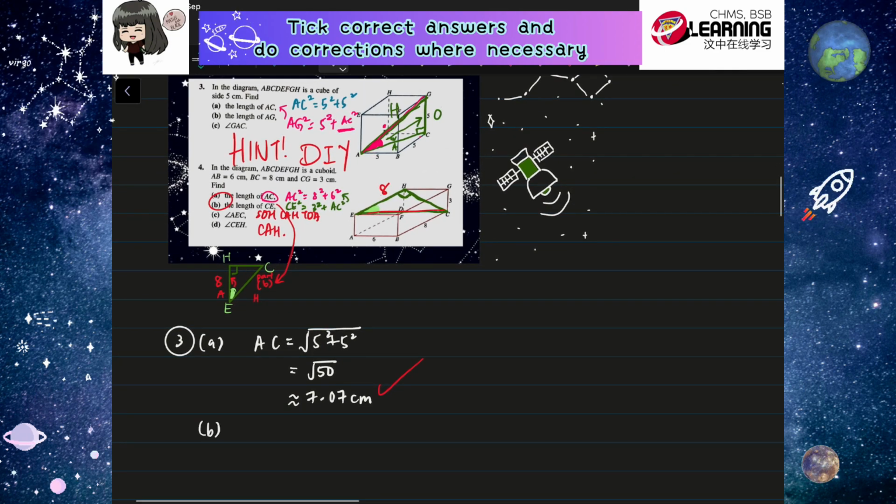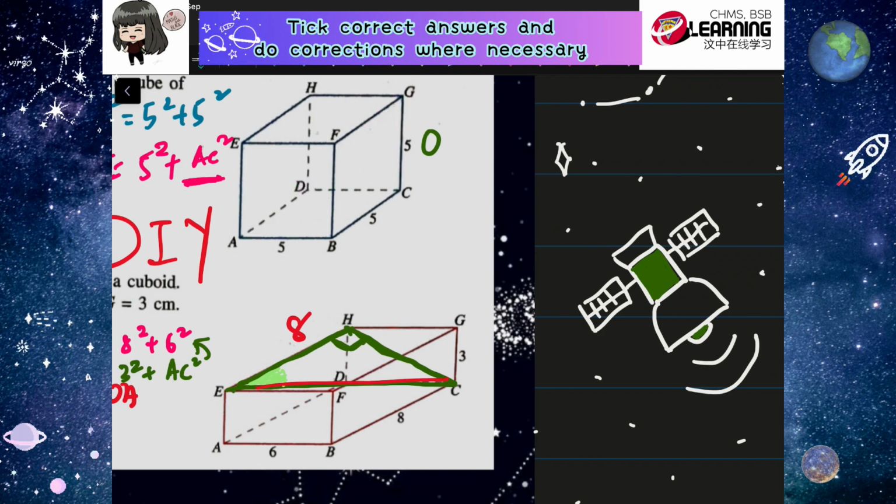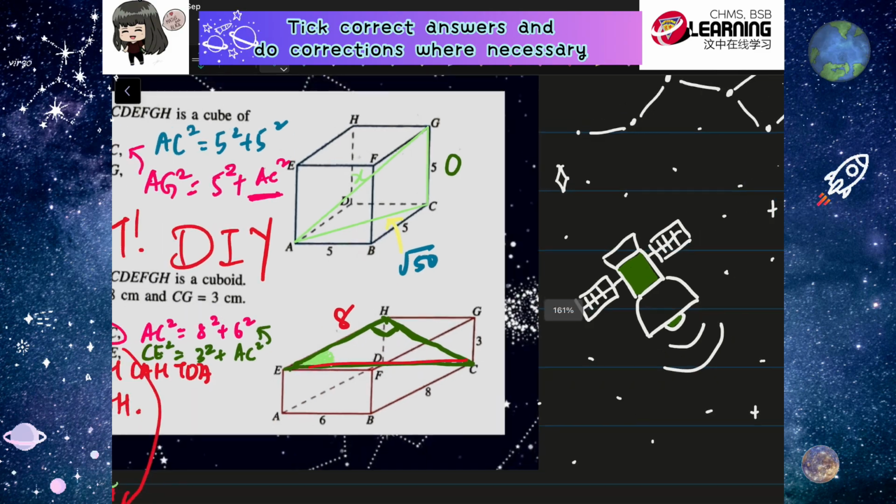And then for B, you need to find AG. AG also uses Pythagoras Theorem, for this triangle here. You have 5 already, and you already found your AC just now, which is square root of 50.